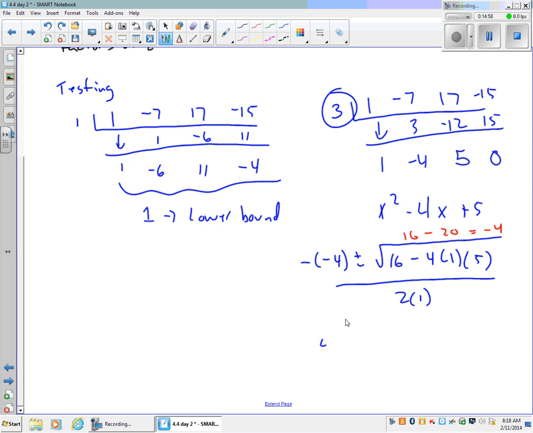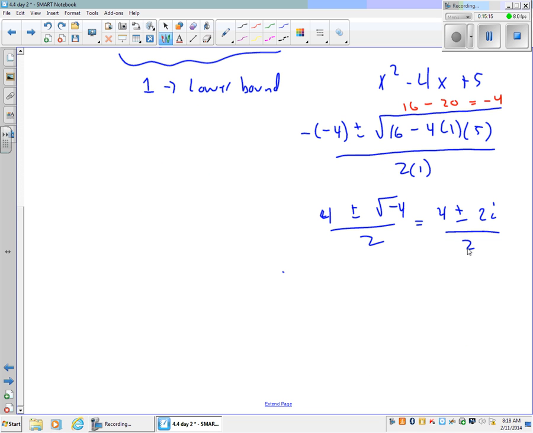So 4 plus or minus the square root of negative 4 all over 2, which is going to be 4 plus or minus 2i over 2. And because we have both numbers up here, 4 and 2 can be divided by 2, we would simplify that and get 2 plus or minus i for our final answer, for our final 0.